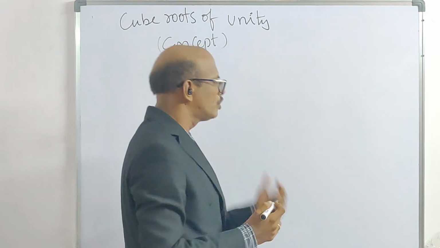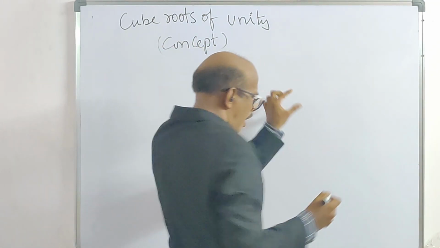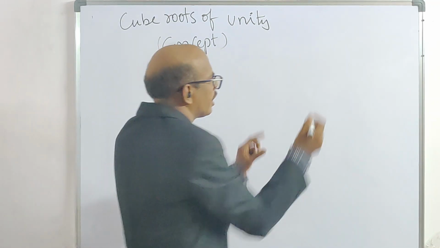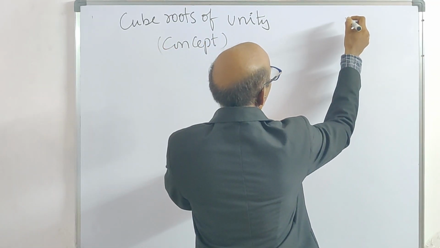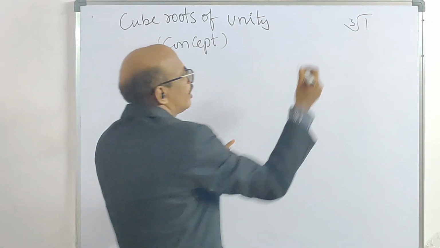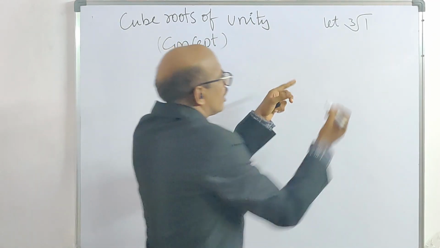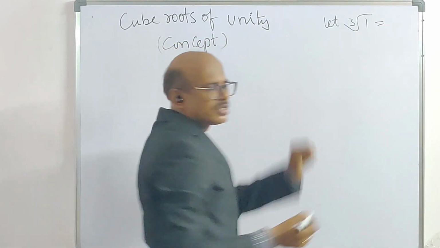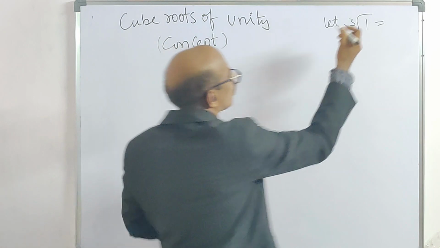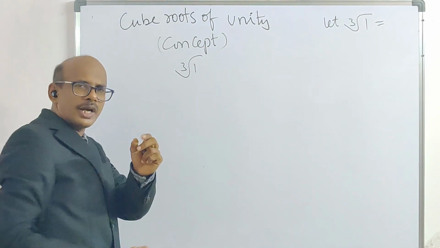Now I enter into the theoretical results, the theoretical introduction regarding cube roots of unity. Right? Concentrate, with simple theoretical steps you can understand. Suppose let us assume the cube root of 1. Now our target is cube roots of unity, a simple introduction.